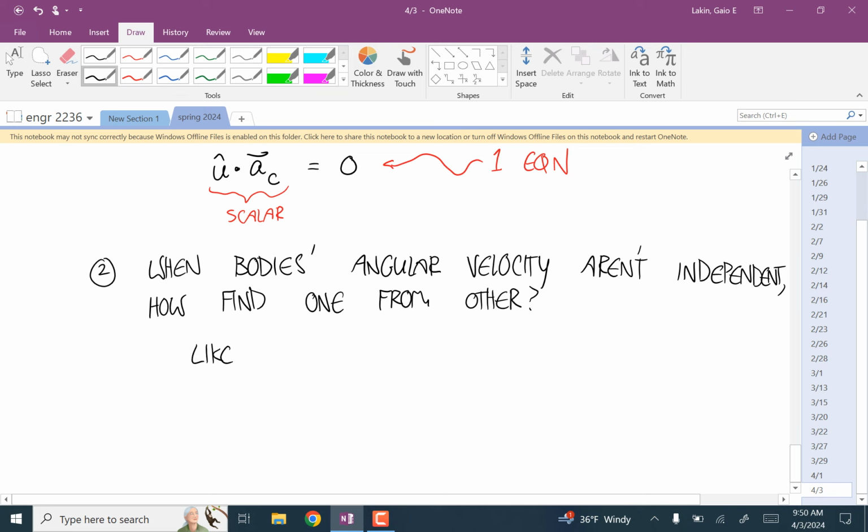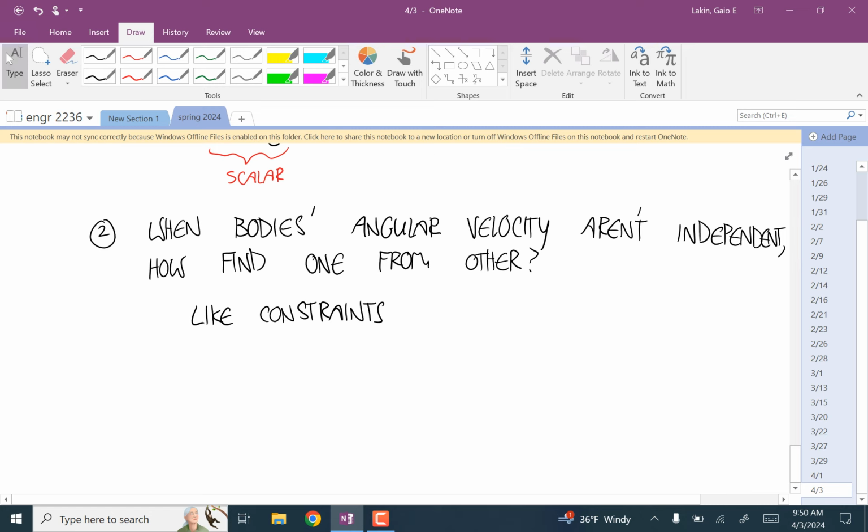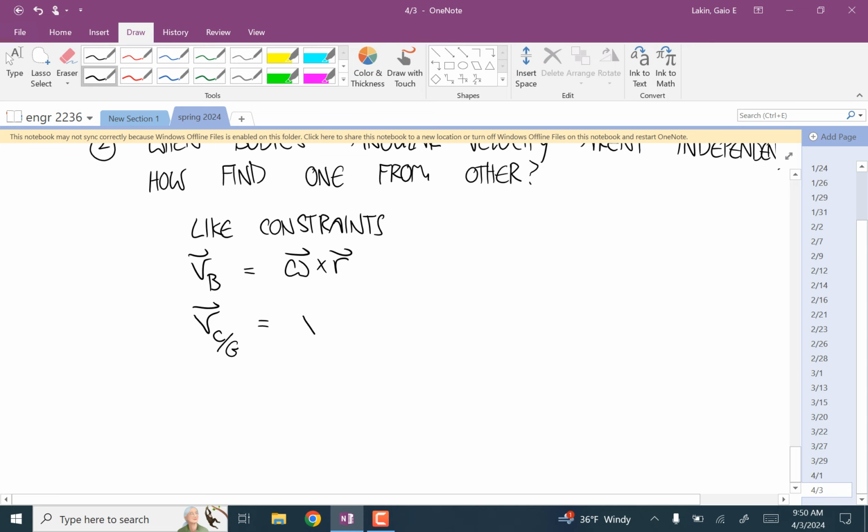So it's like the constraint equations. You would say something like the velocity at B is equal to omega cross R. The velocity at C relative to the ground is equal to the velocity, and I'm not going to use the center of mass now, I'm just going to use the joints here.